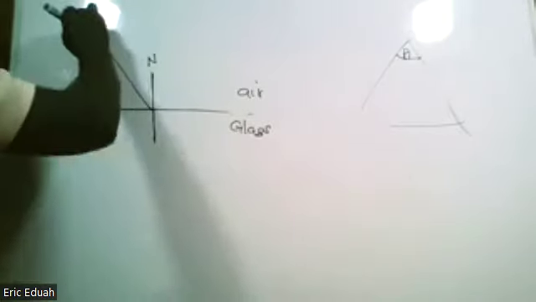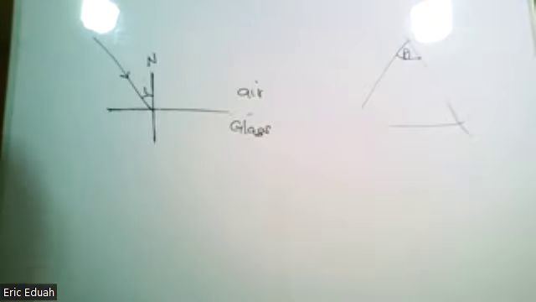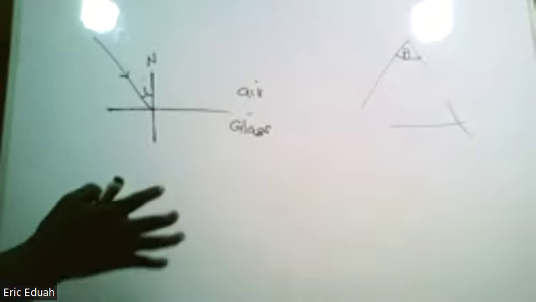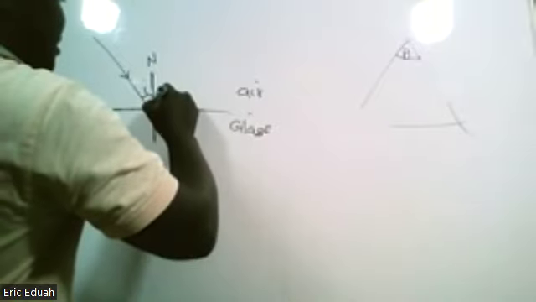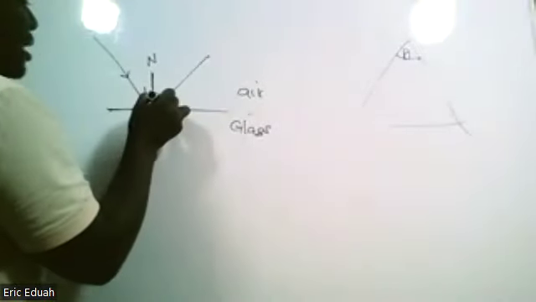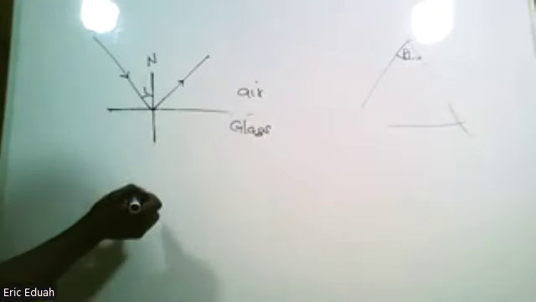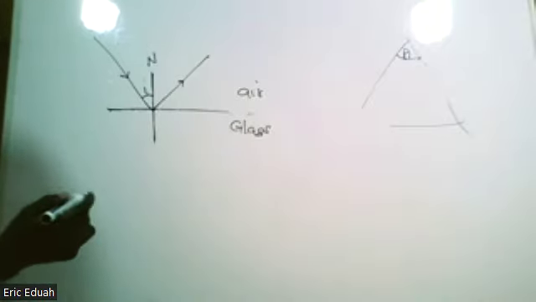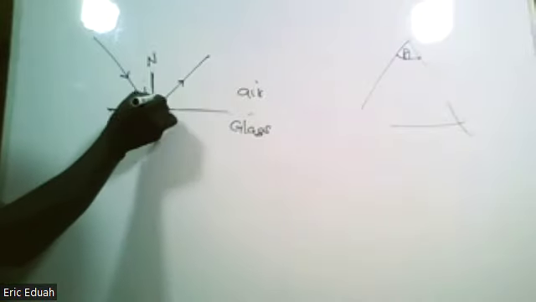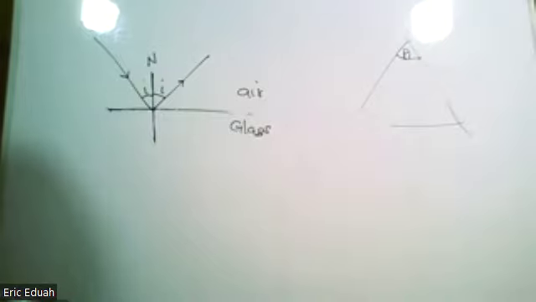This is the angle of incidence, i. We don't know. But whenever a ray hits a transparent material, part of the ray is reflected. So this is a reflected ray. Then part of it will be refracted. How will it be refracted?